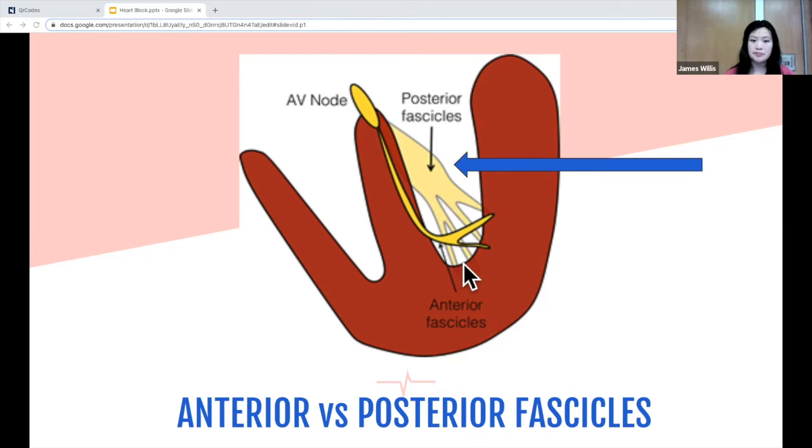And it has dual blood supply, the right and left circumflex, so it's less susceptible to injury. It also is less near the left ventricular outflow tract, so you have less turbulence, less high pressure, so you less often see this one damaged.